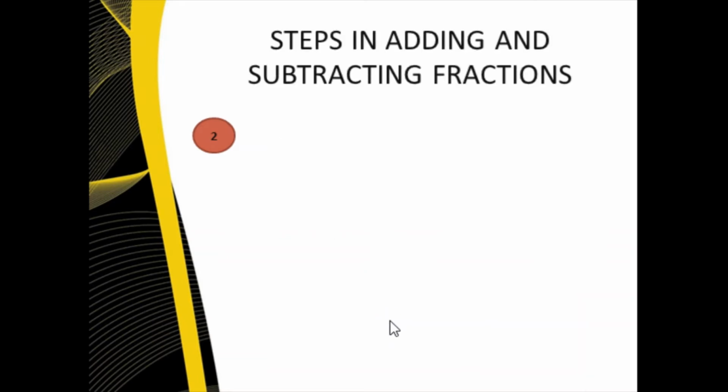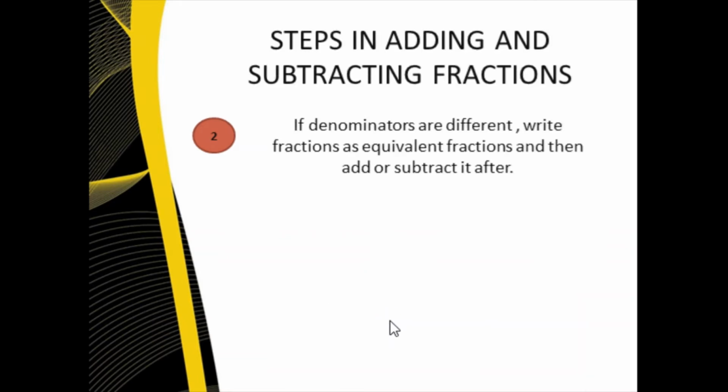Or, if we talk about subtraction, same. 7/8 minus 1/2. Denominators are different. Get their GCF, which is 8. Right? 8 divided by 8 is 1 times 7, we get 7 over 8.